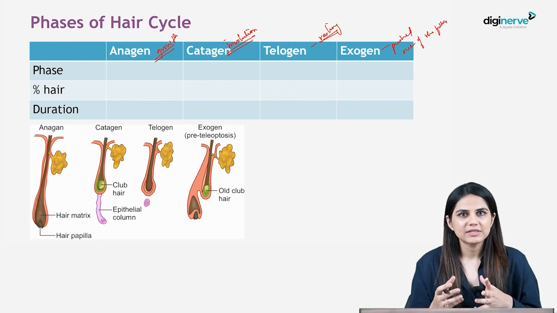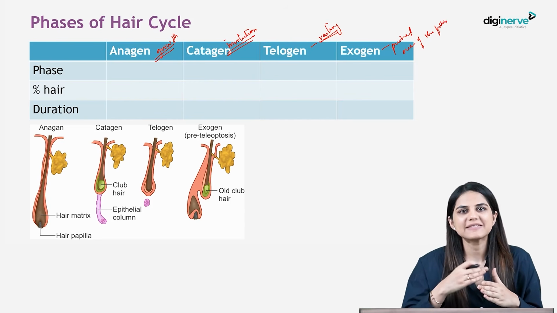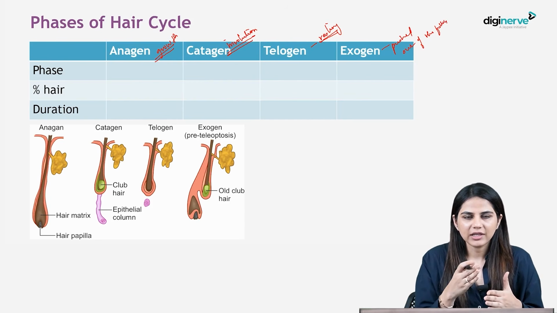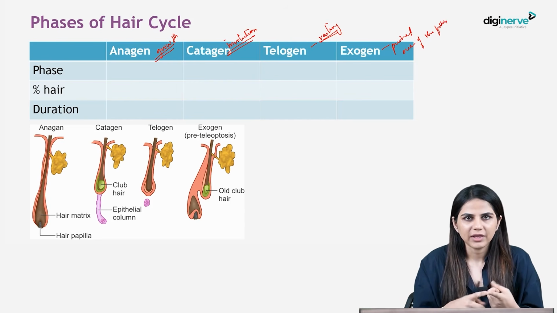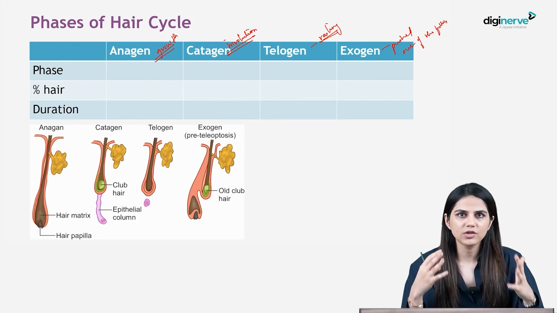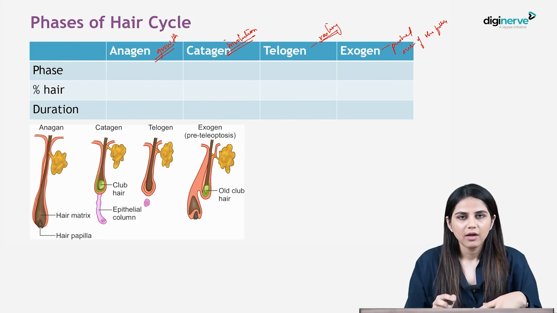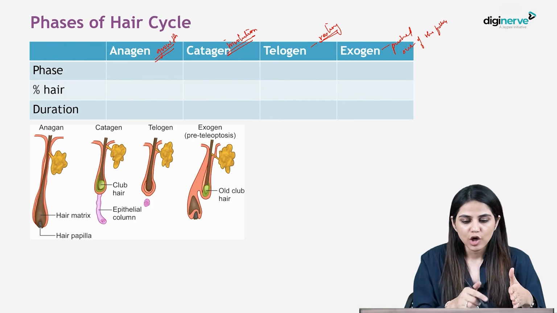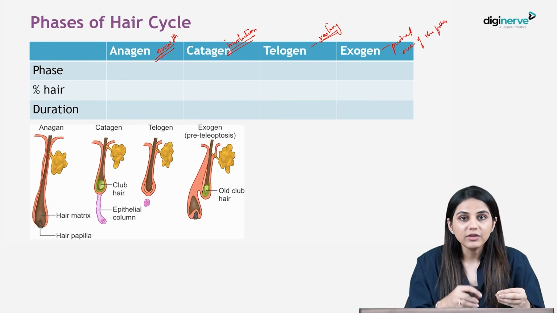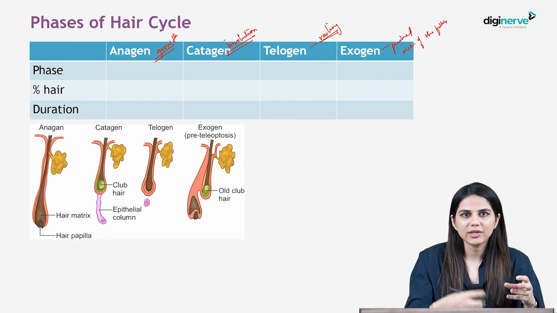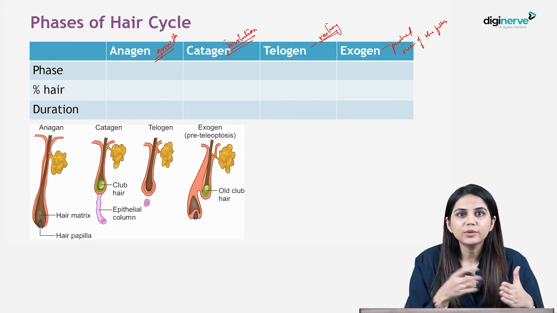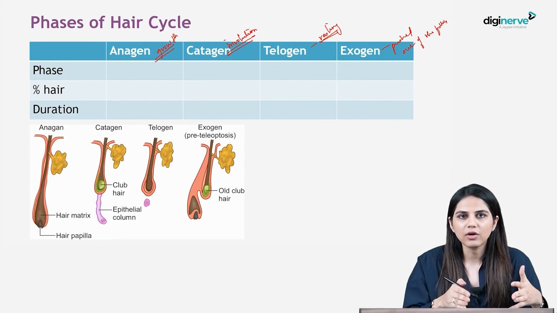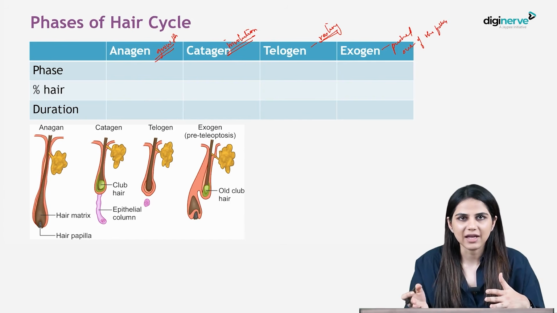So imagine this, if all our scalp hair are in the growing phase together, it's nice, it's growing, we have thick long hair. But if all 100% of our scalp hair go into the involution, that is the process when the hair fall begins together, then suddenly we will not have any hair on our scalp.